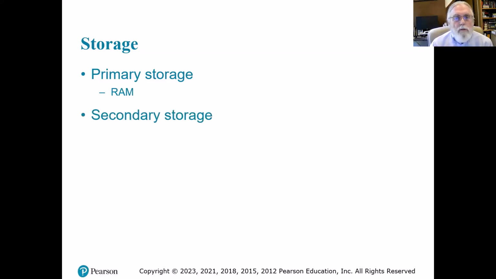So the secondary storage is that backup storage, that permanent storage that you can access whenever. Traditionally, that's been with hard drives. And hard drives were physical devices that had a disk inside of the drive that was coated with magnetic material, and it would spin at high speed, and you could, with recording heads, record data onto the magnetic surface and then retrieve it.